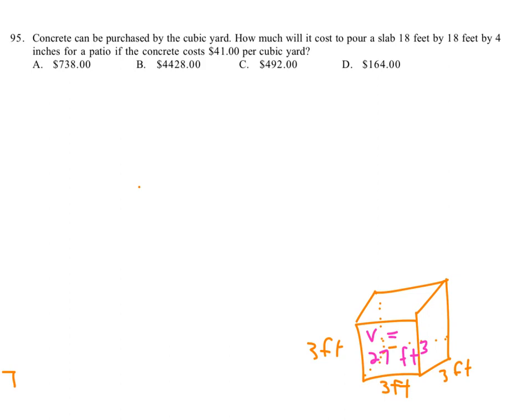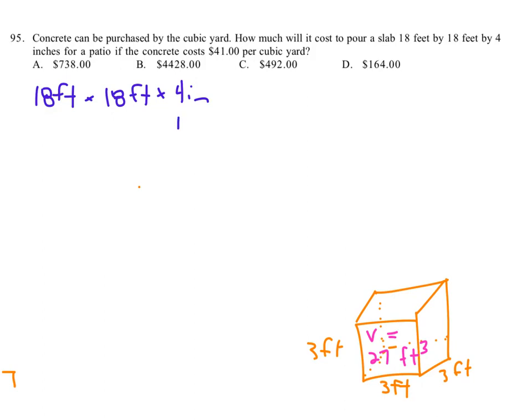So let's see. I'm going to go back to feet. We also have inches in there, so I'll show you what to do there. We want to pour a slab that is 18 feet by 18 feet by 4 inches. What we want to do is convert inches into feet. Well, 4 is 1/3 of 12, and 12 inches is a foot, right?